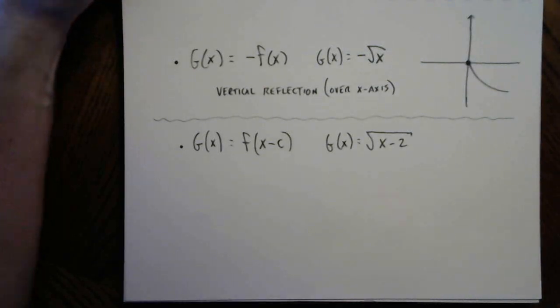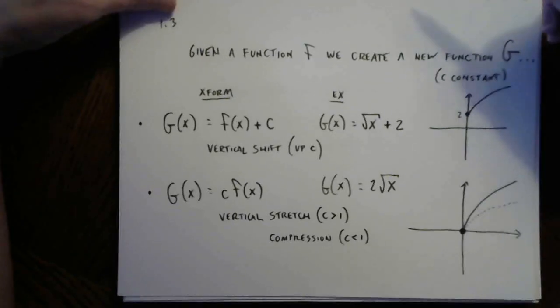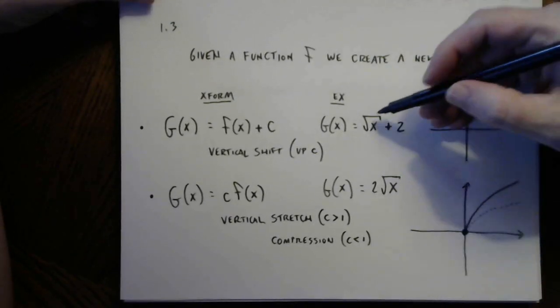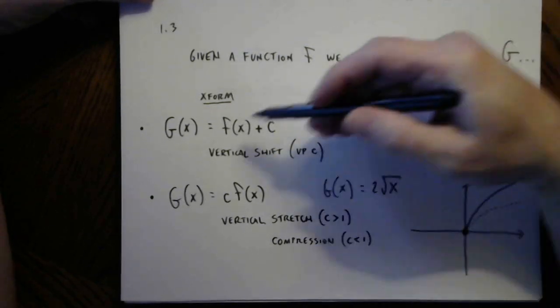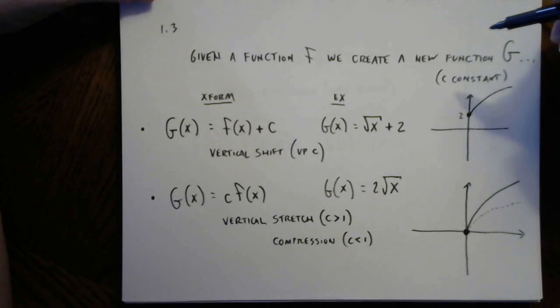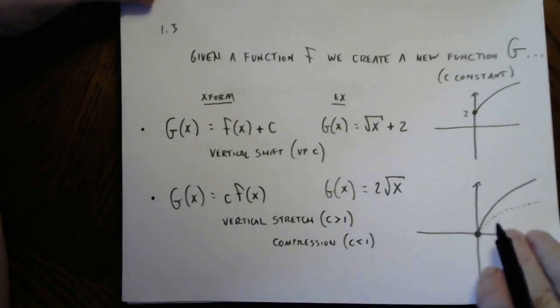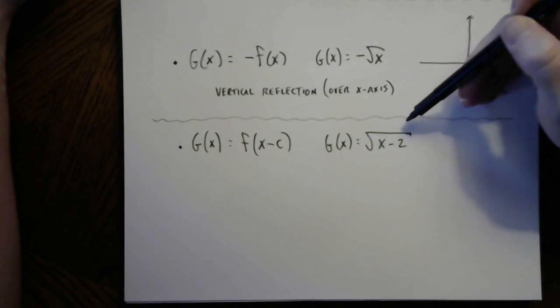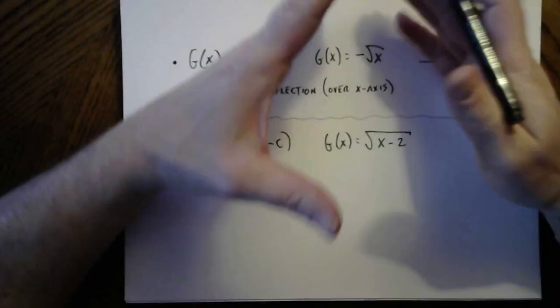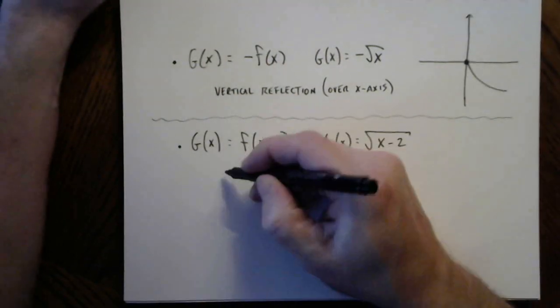Vertically, you are adding to the original function. This is a function plus 2. When you're working horizontally, you're affecting the variable. So this is square root of x minus 2 or x plus 2. So this is a horizontal shift.